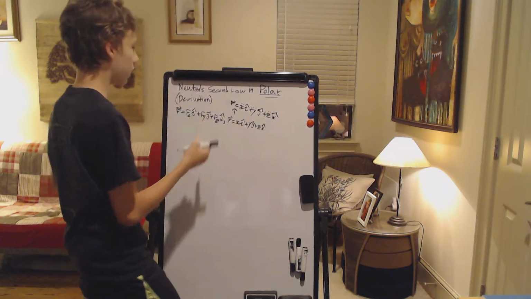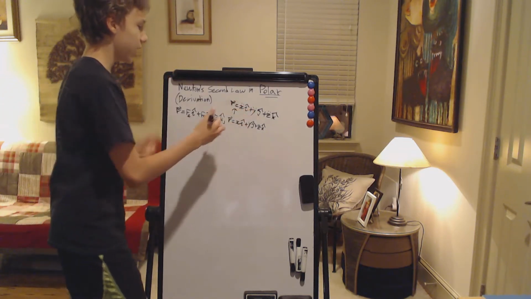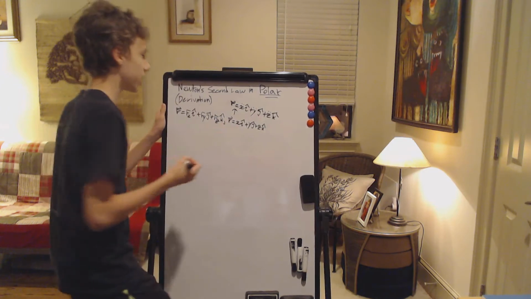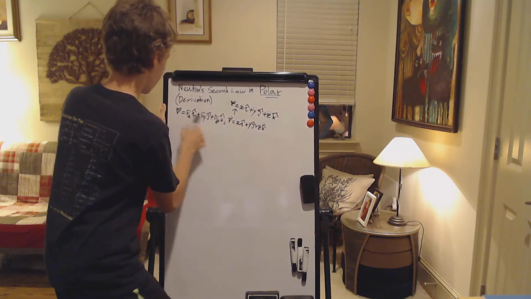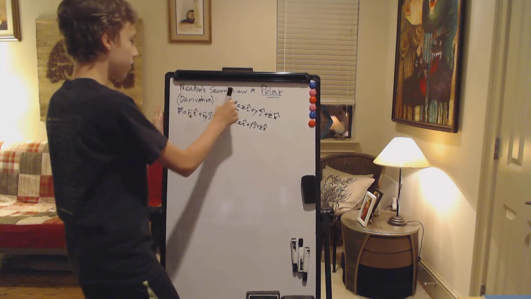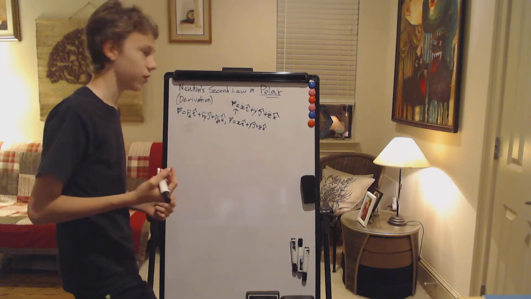Okay, and now we can simply get Newton's second law by multiplying this by m, and component-wise we extrapolate that our force vector is equal to m times our acceleration, which is exactly the second time derivative of position.